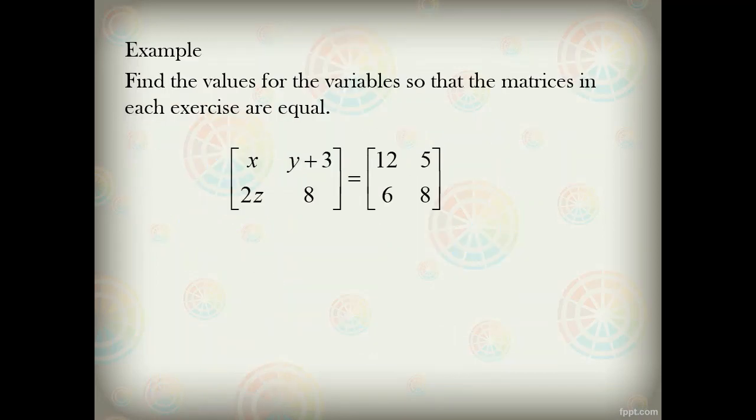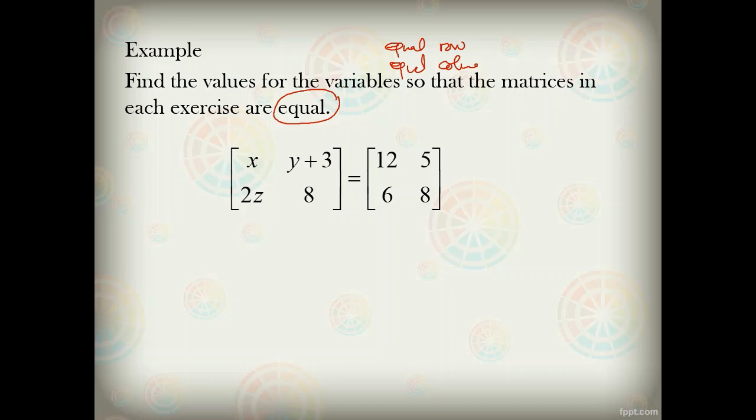Let us look at an example here. We find the values for the variables so that the matrices in each exercise are equal. It is mentioned here that the two matrices are equal. So whenever it says equal, it means that they have equal rows and equal columns, so that all the elements inside the matrices are equal.